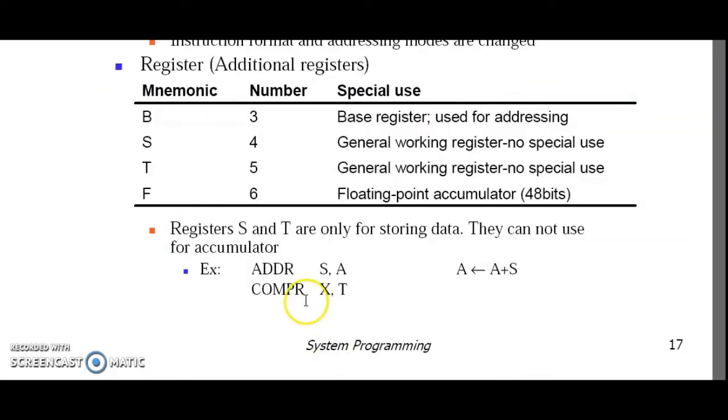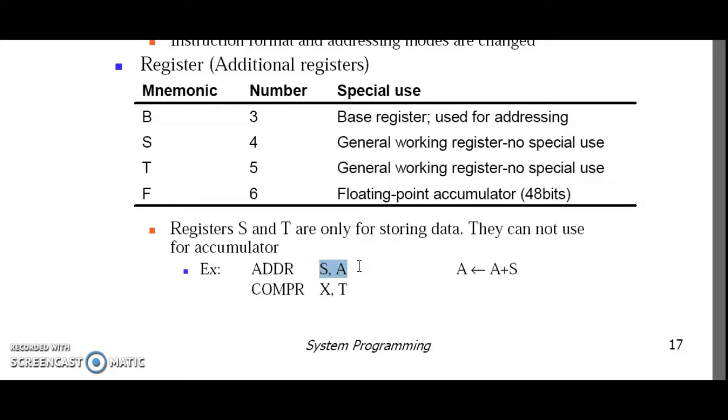An example for the instructions used in SIC Xe is given: ADDR, COMPR. In SIC you had ADD and COMP. Here an additional R letter is appended to the instruction, which indicates that the operand will have 2 registers.